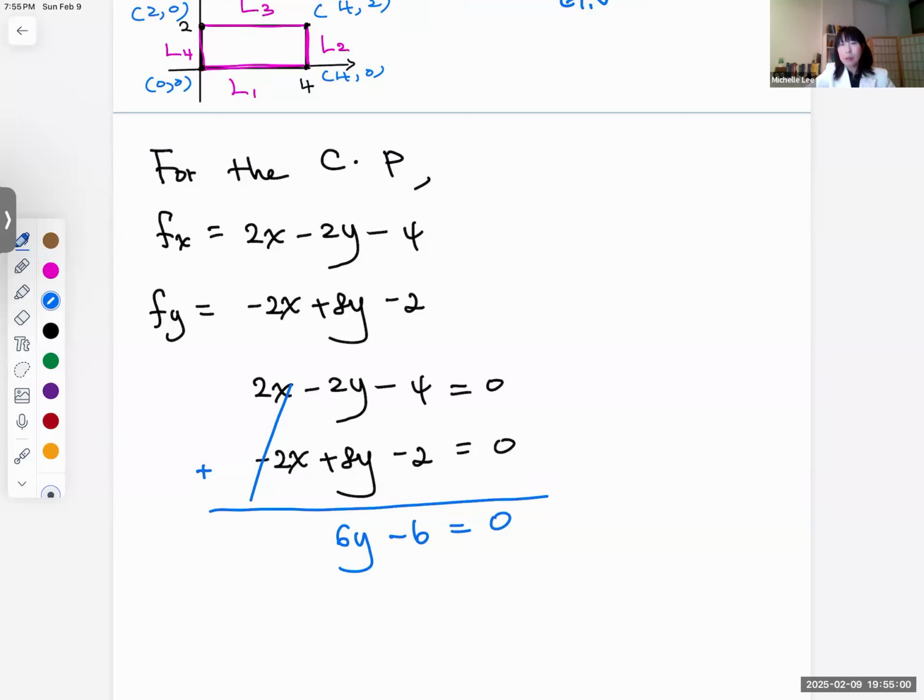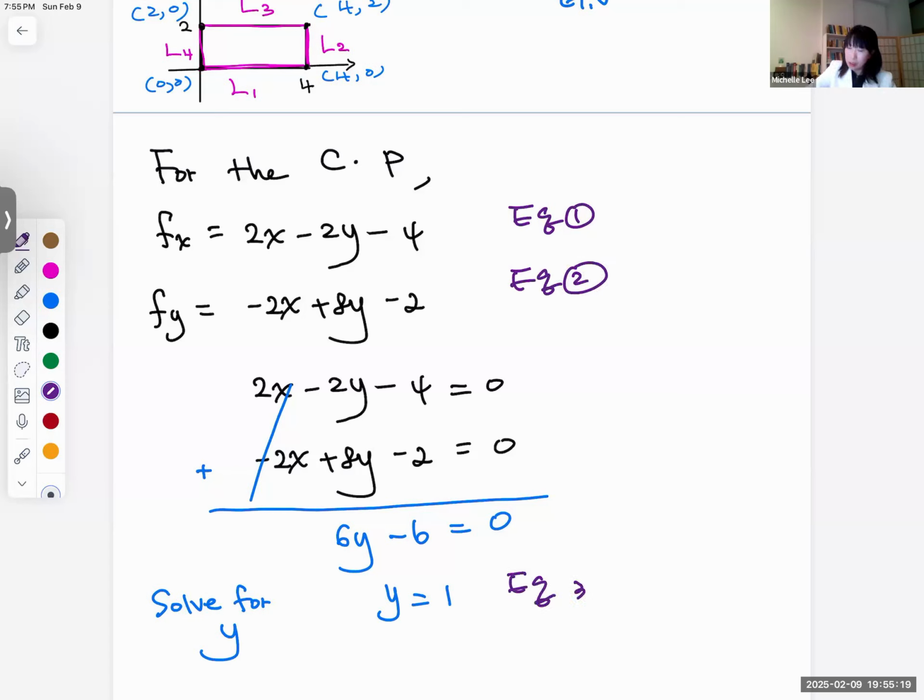Okay, solve for y. So y equals 1. So let's say this is equation 1, this is equation 2, and this is equation 3.